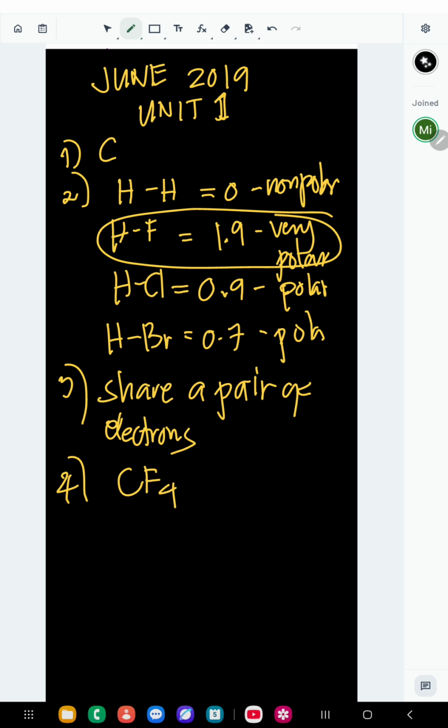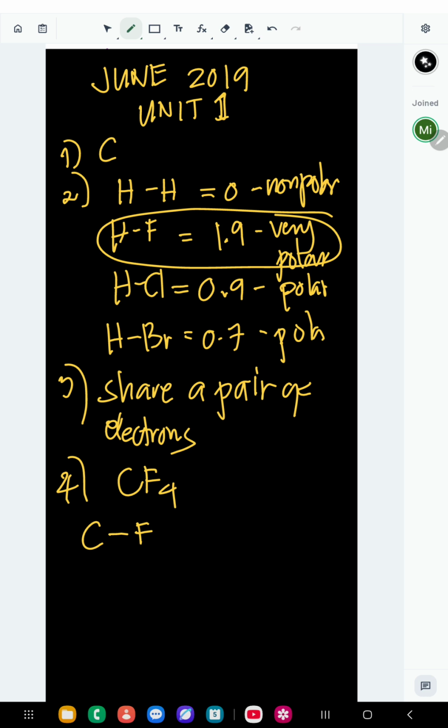So which one here? The bonds, that is the carbon-fluorine bond. So you get the difference in electronegativity between carbon and fluorine. It's polar, right? The bond between carbon and fluorine.